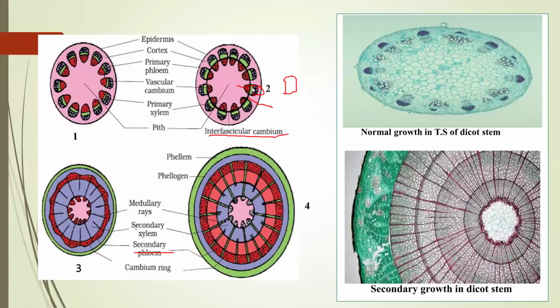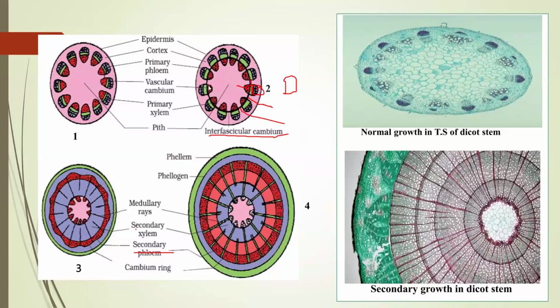This small strip is called the cambium. The cambium present between the xylem and phloem is called the intravascular cambium, and this layer is called the intervascular cambium. The cambium which is formed during secondary growth between the bundles is called the intervascular cambium. The intra and intervascular cambium join to form the cambial ring.